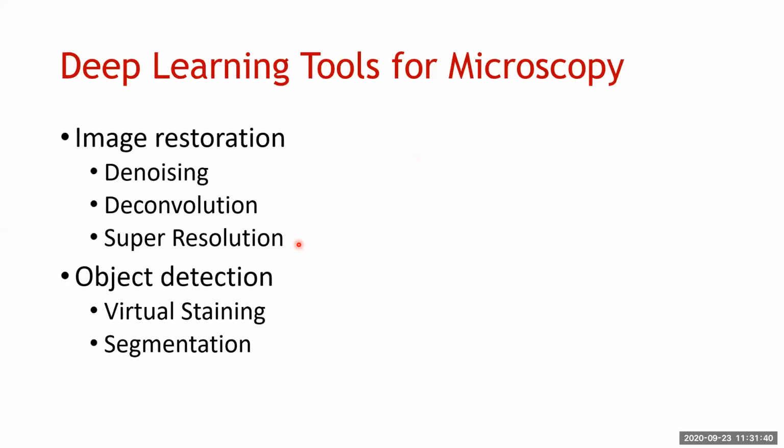Then you have object detection, which is really super helpful for segmentation, because I know some of you out there have images that are very challenging to segment because of the way that they are. And of course, these can work into one another. You can restore your image, make things a little bit easier when you go to segment. Then there's virtual staining, which is not that common, but it may be cool in the future because that really takes away the sample prep.